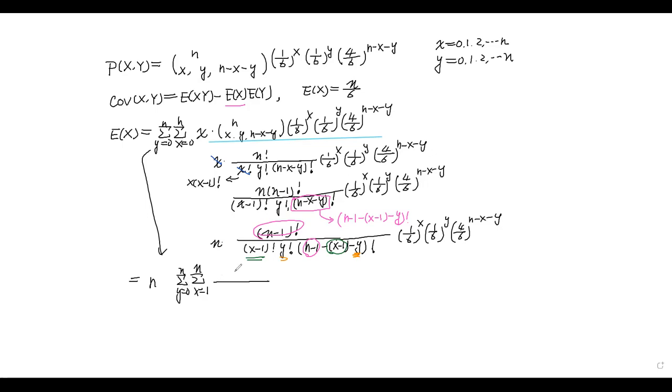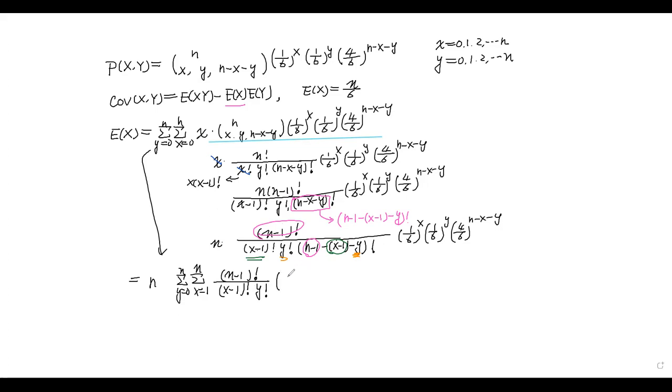Now here, this is n minus 1 factorial. Then here, this is x minus 1 factorial. This is y factorial.